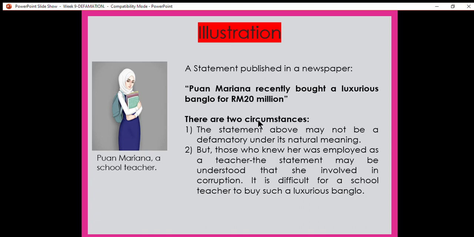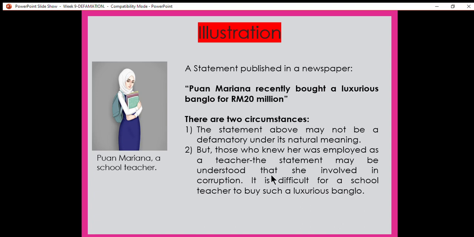Alright. However, for the second circumstance, for those who knew Puan Mariana was employed as a teacher, the statement may be understood that she was involved in corruption. Maybe, right? So it is difficult for a school teacher to buy such a luxurious bungalow.